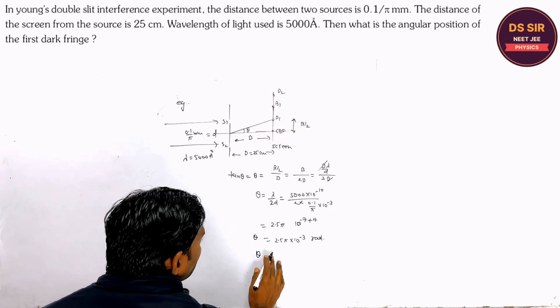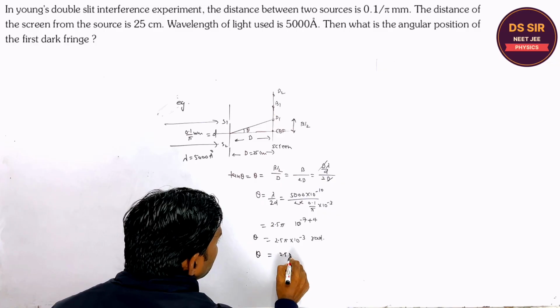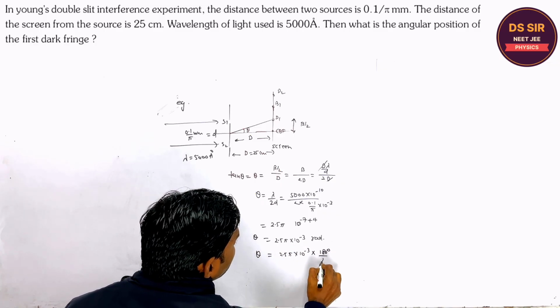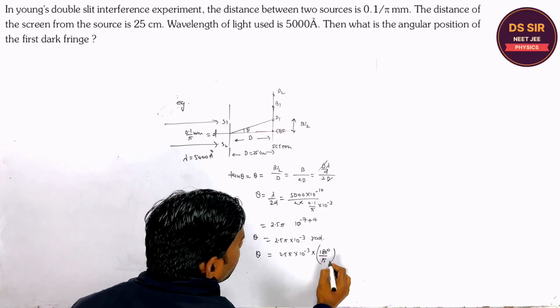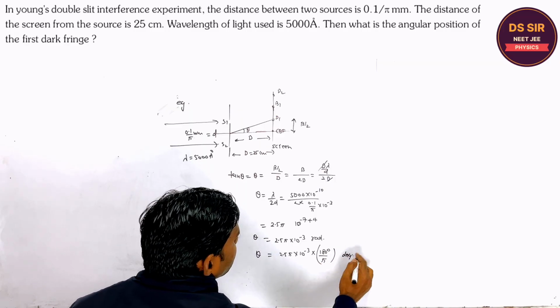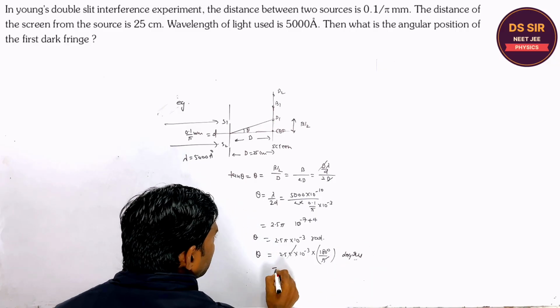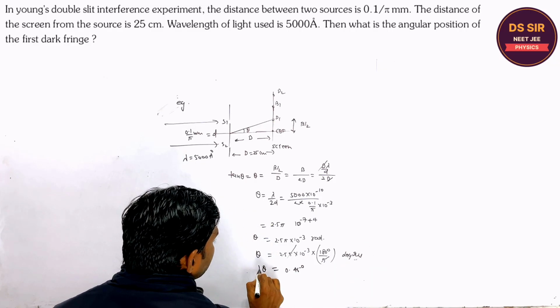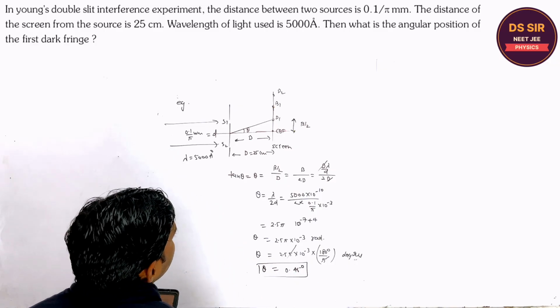Yes. If you want to convert into degree, so what will you do? For the degree, multiply by 180 upon pi, then you will get the answer in degree. Right. So pi will cancel out. When you calculate, you will get 0.45 degree. So this is the angular position, right?